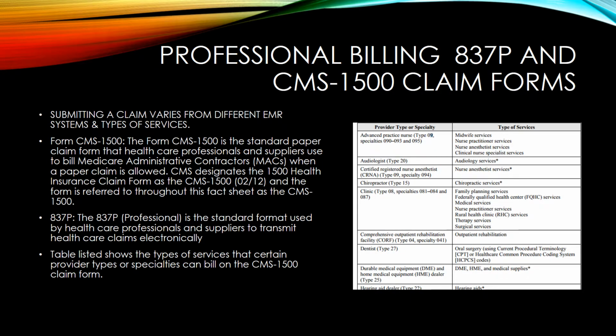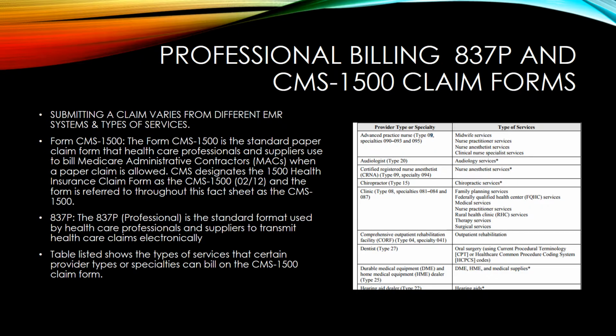Okay, so professional billing 837P and CMS 1500 claim forms. Submitting a claim varies from different EMR systems and types of services. So on the right hand side, I have the services listed, but you can actually just go to CMS and review the 1500 claim forms, or just Google it.